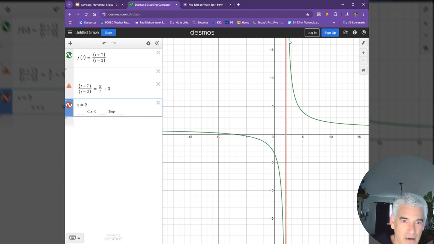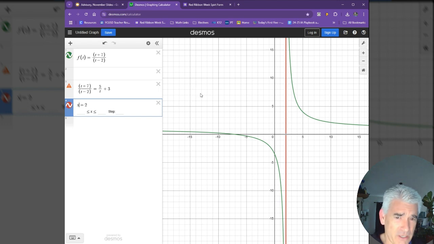So you can see on either side of x equals 2, the graph goes up to positive infinity or down to negative infinity. That's how rational functions act around their asymptote. So this has a vertical asymptote at t equals 2.